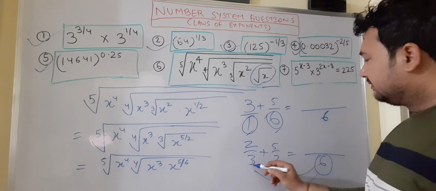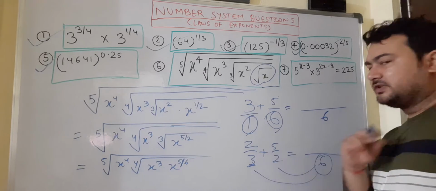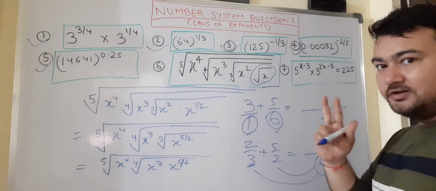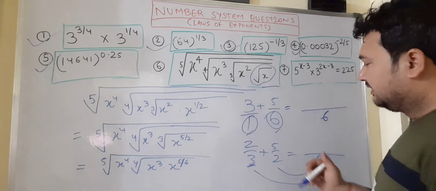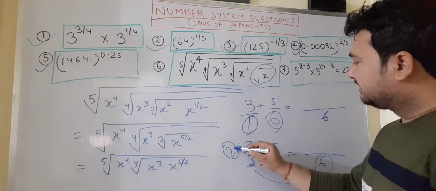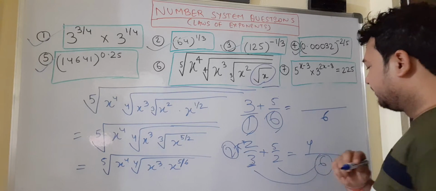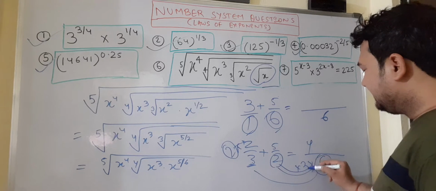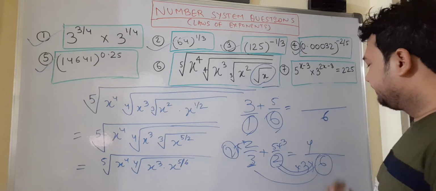Now what do we do next? If you divide 6 by 3, 3 can divide 6 two times. 3 twos are 6. So you multiply this 2 with the numerator, and it will be 4. And 2 threes are 6, so this 3 will multiply with its numerator.